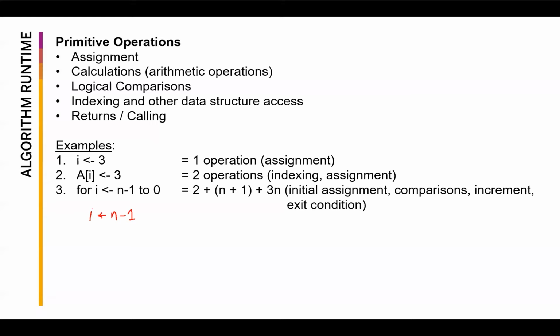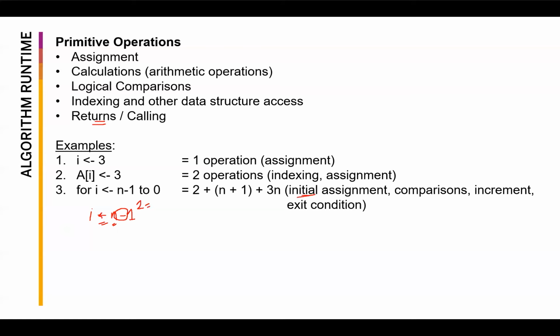We have 2 operations here, which are the calculation for the subtraction and the assignment. In some examples, you might also count the n, because that is also a variable call, but to simplify things, I just look at subtraction and assignment here. So we have 2 for the initial assignment.